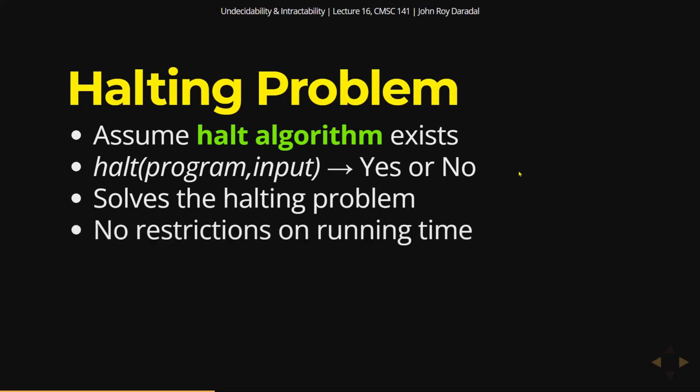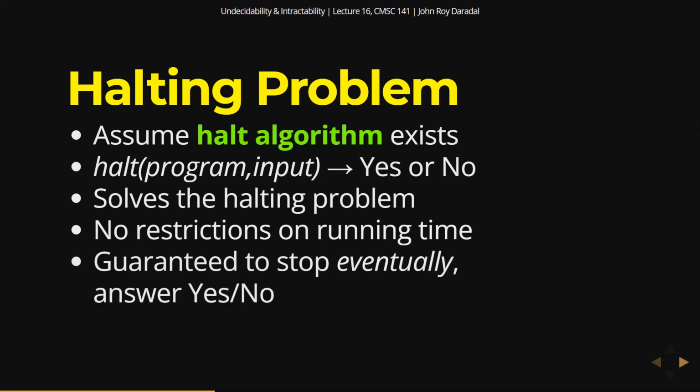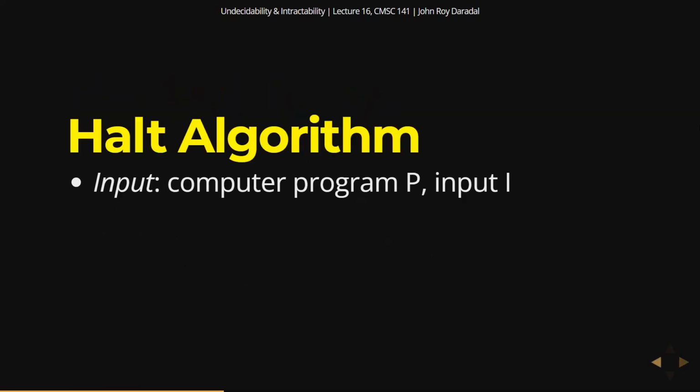Let's say that we don't have any restrictions on the running time. We could wait however long it takes for the halting algorithm to stop, as long as we get the answer eventually. This is guaranteed to stop eventually because it's an algorithm. It's a decider Turing machine. And it will answer yes or no. Now, the halt algorithm will have the program P as an input and input I also.